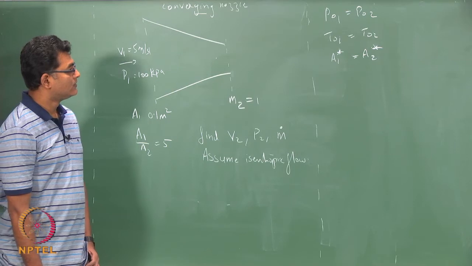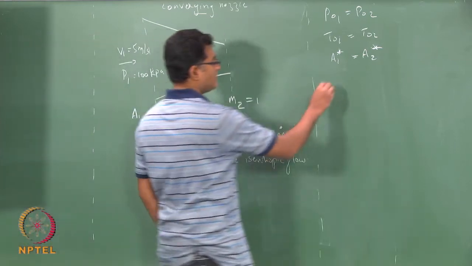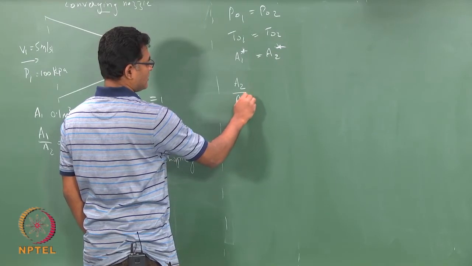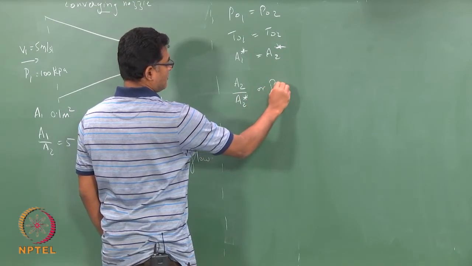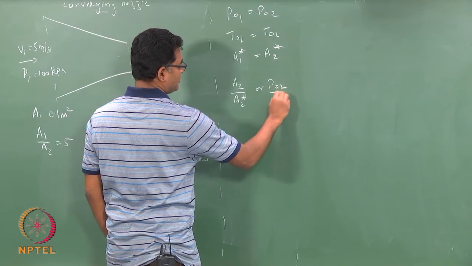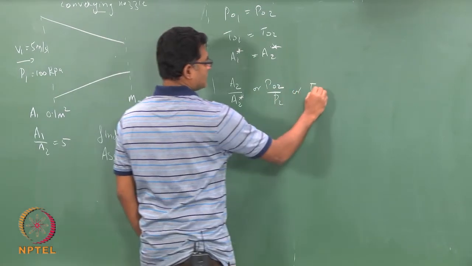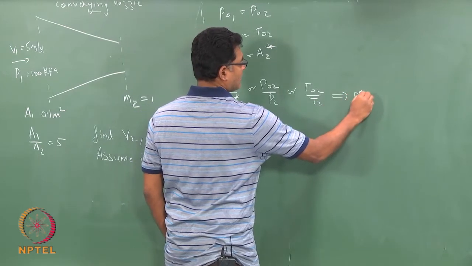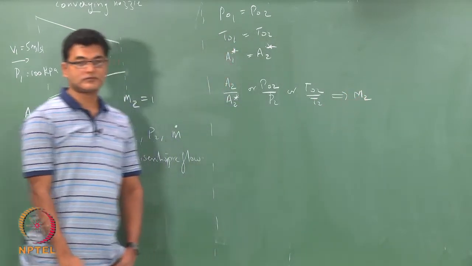Okay. So, if I know my A2 by A2 star or P02 by P2 or T02 by T2, I can get my M2.